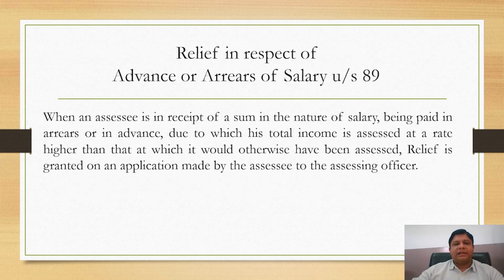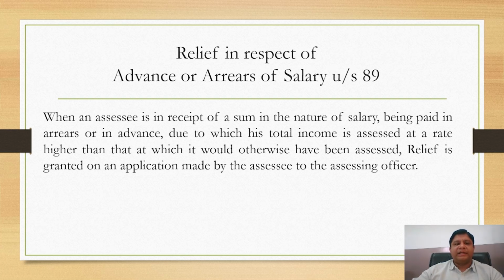Next, relief in respect of advance of salary under section 89. When an assessee is in receipt of a sum in the nature of salary being paid in arrears or in advance, due to which his total income is assessed at a rate higher than that at which it would otherwise have been assessed, relief is granted on an application made by the assessee to the assessing officer.